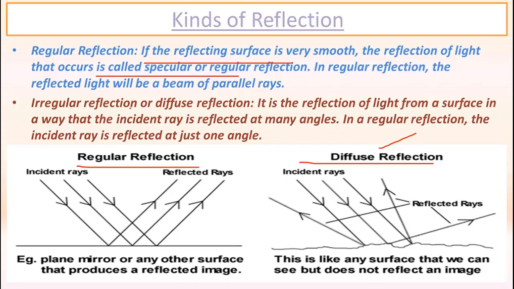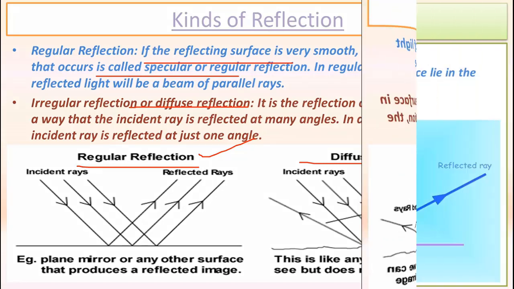Whereas if the surface is not regular, uneven or rough, then the reflected light rays don't follow the same path. Thus, we can say that for a very smooth surface, we get a regular reflection, whereas for an uneven or rough surface, we get irregular or diffuse reflection.